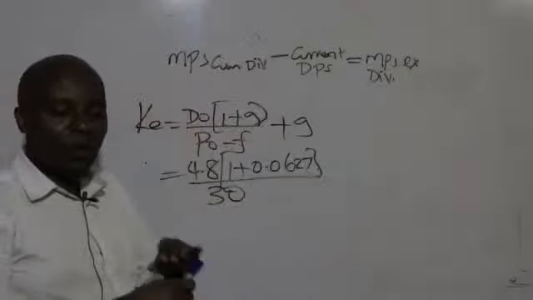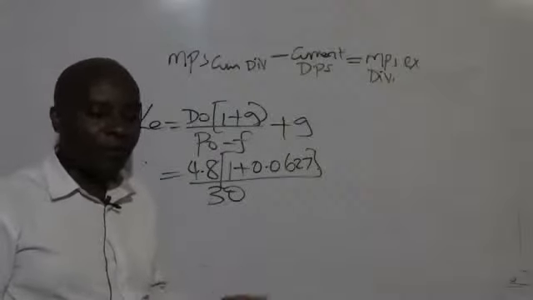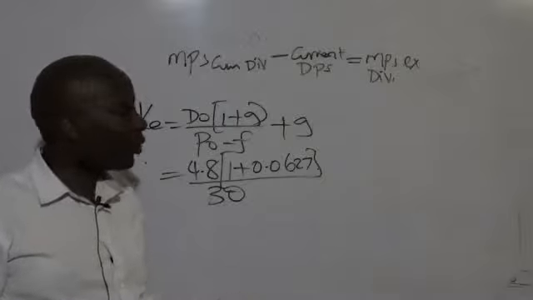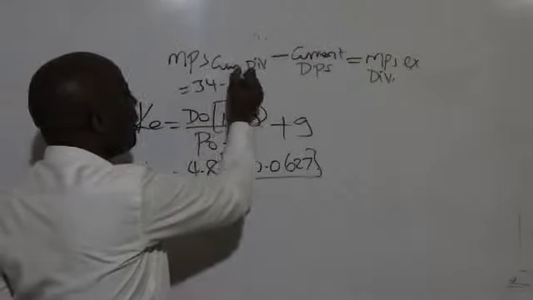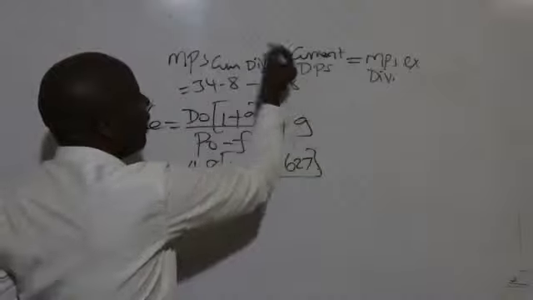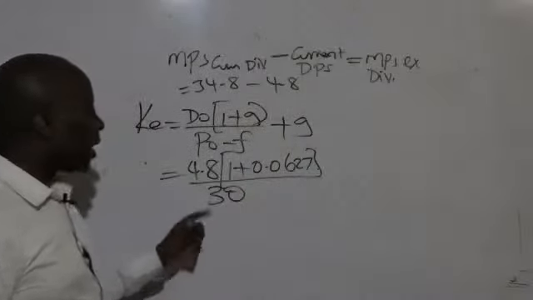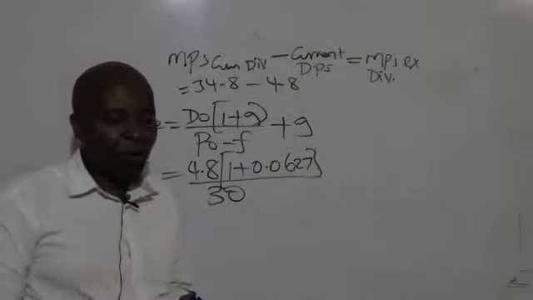In finance, we don't use the cum-div figures. So you can see the MPS cum-div is 34.8 minus the current dividend per share of 4.3. That is how I was able to get my figure of 30.